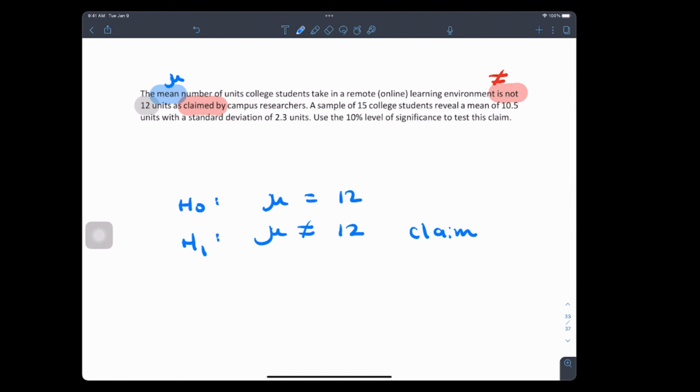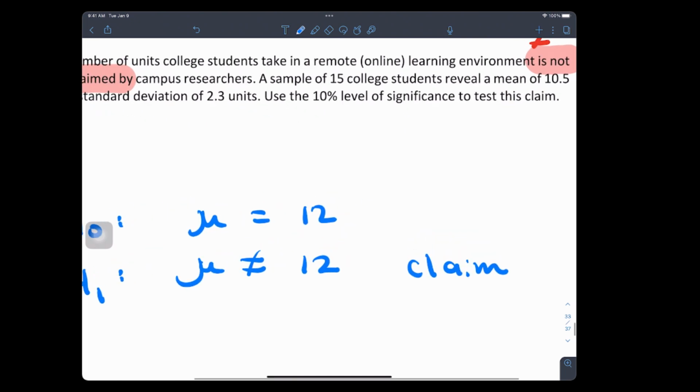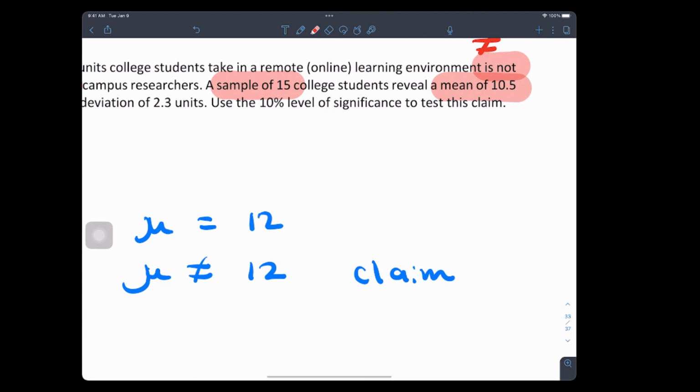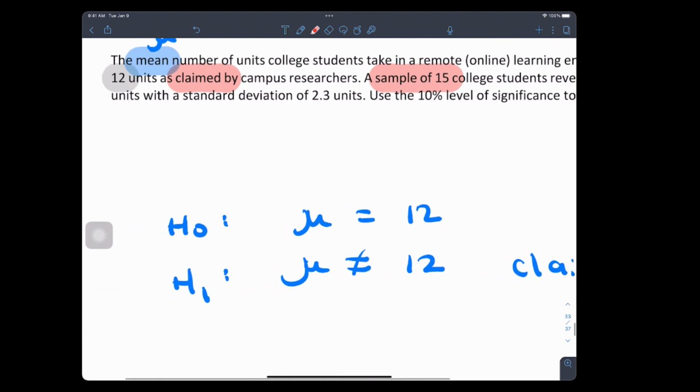Don't forget claim. So notice, a sample of 15 college students reveals a mean of 10.5, standard deviation 2.3.